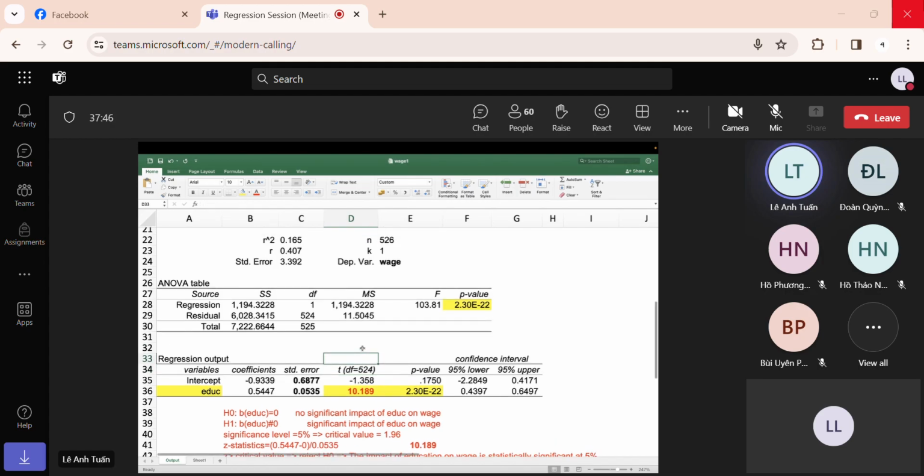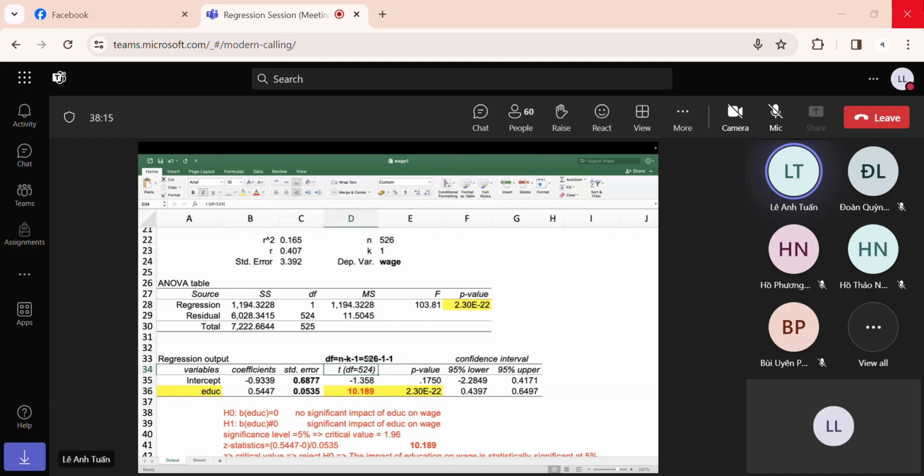We know that DF equals n minus k minus 1, where the number of observations is 526, and k is the number of independent variables. We only have education, so k equals 1. Minus 1, and the degrees of freedom equal 524.